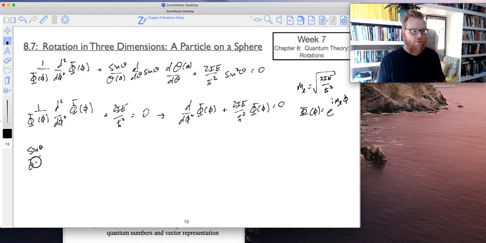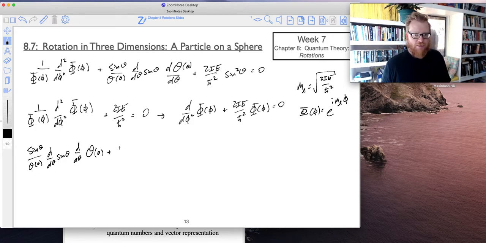So when we go to separate the phi dimensions, I'll just write all of that out. Sine of theta over the function theta times d d theta of sine of theta times d d theta of the function theta plus, and so I'm going to write all of this, this 2ie, that's still there, because we have to keep it attached to the sine squared, okay?